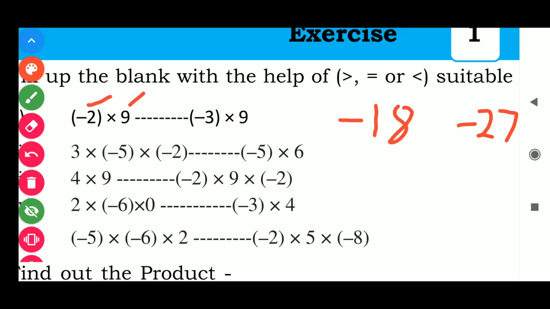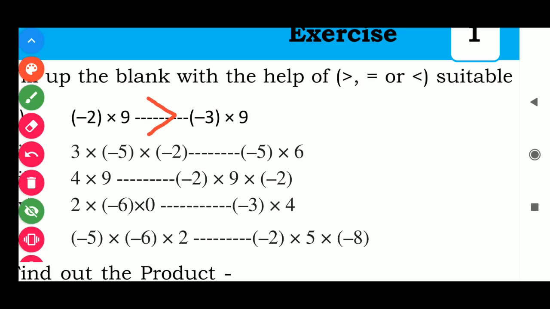So the correct sign is which one? This minus 27 is the less number, and minus 18 is the greater number. So we can put here this sign. So this sign is greater. So you can write like this. This one is greater. Okay.